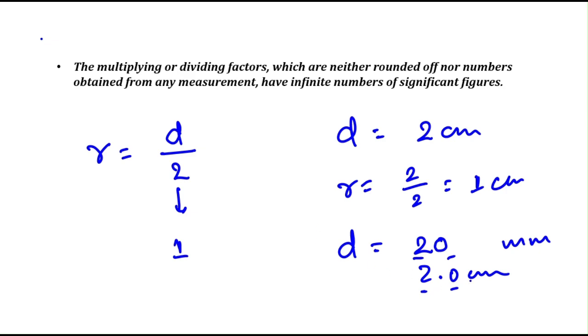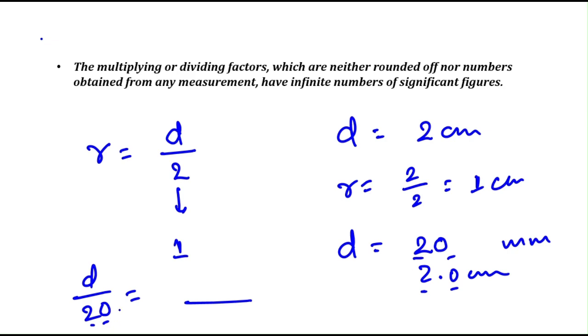So you will see that here we have two significant figures in the measurement, and after dividing this value by 2, we should have a result which has two significant figures. But that will happen only when we consider that this 2 has two significant figures.